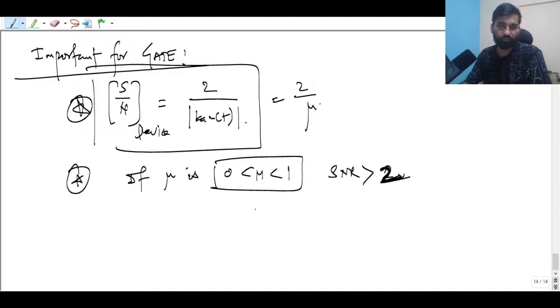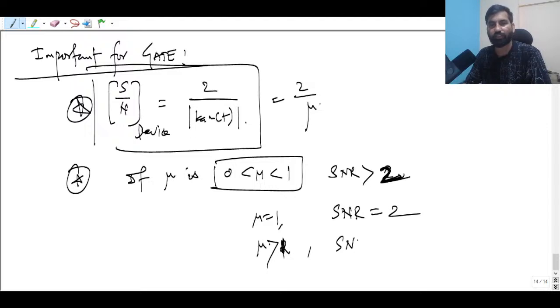And if mu is equal to 1, SNR is going to be equal to 2. And if mu is over modulation, greater than 1, your SNR is going to get affected. Your SNR is going to be less than 2.